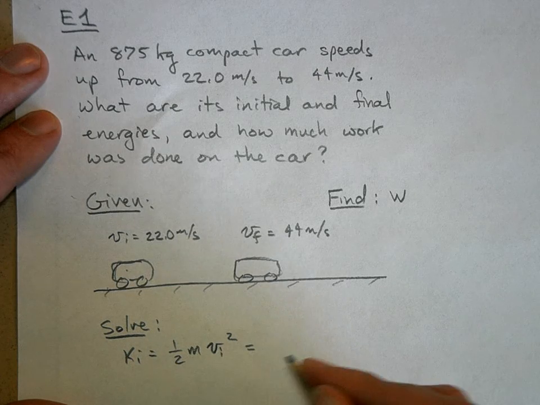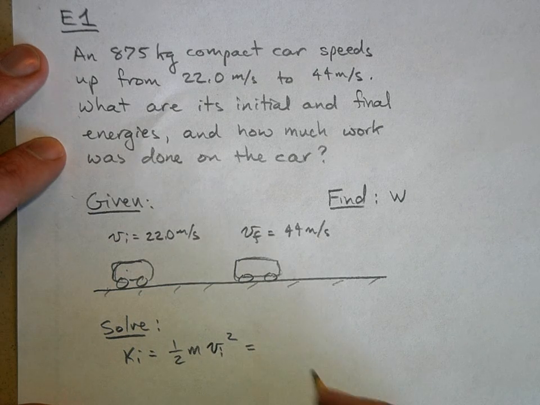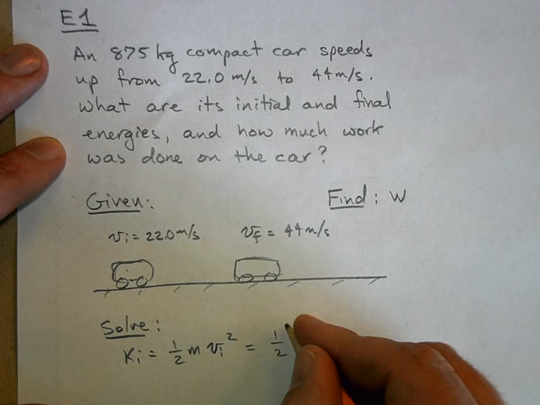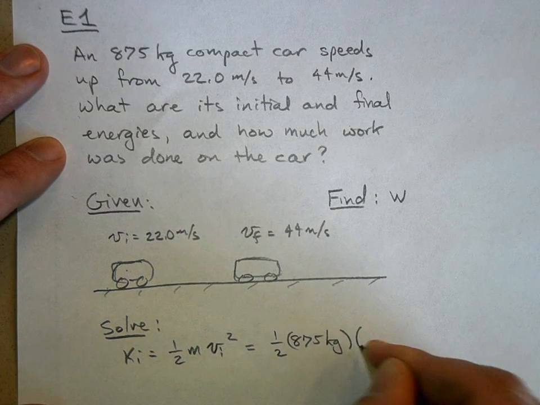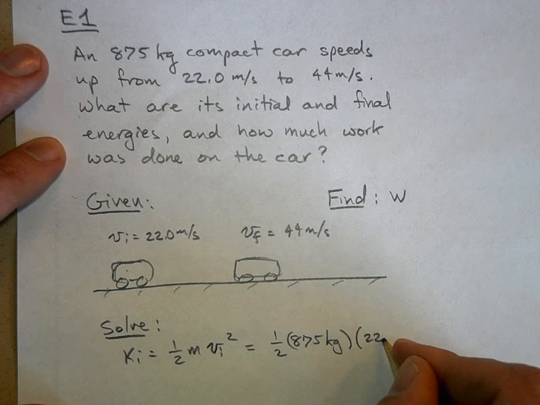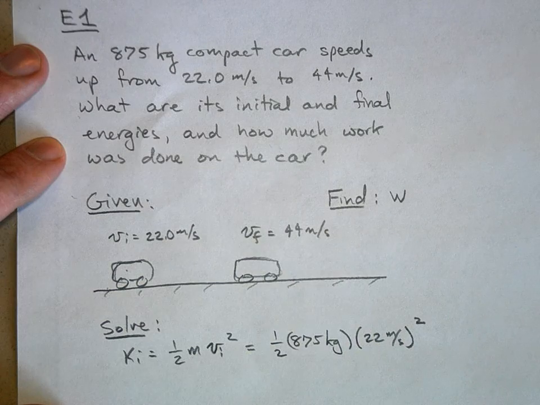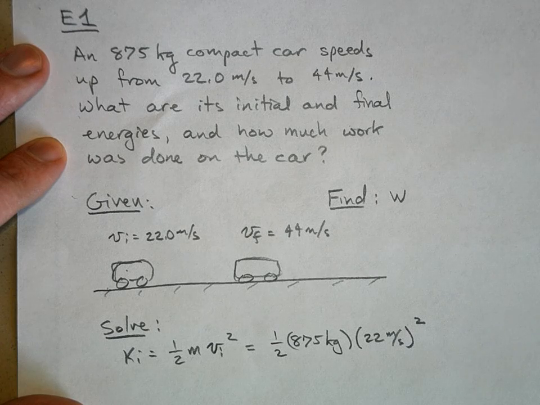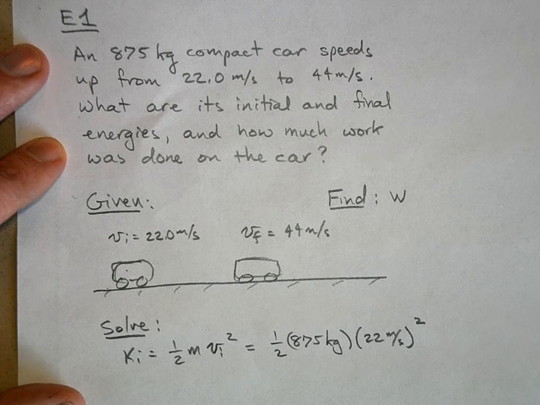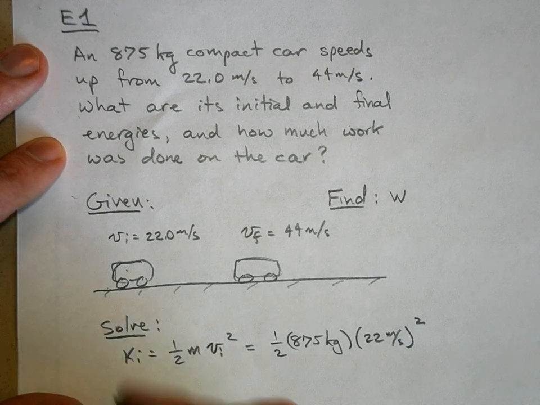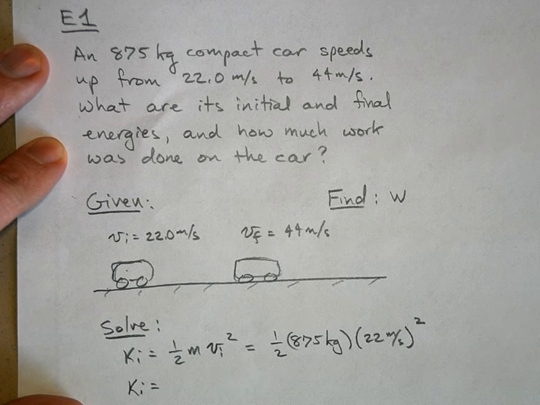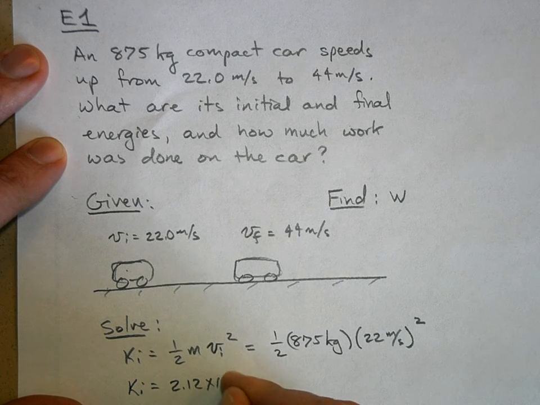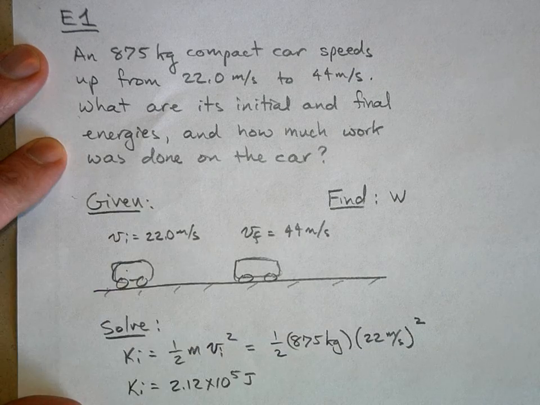And so that's going to be 1/2 times 875 kilograms times 22 meters per second, squared. When you punch all that into your calculator, you should get 2.12 times 10 to the 5 joules.